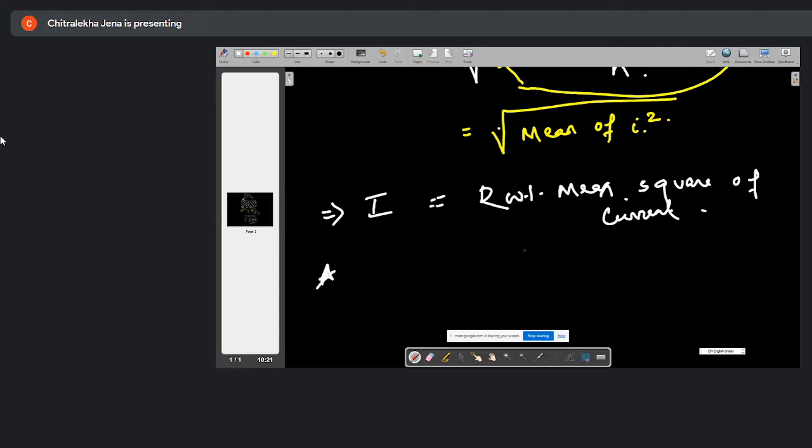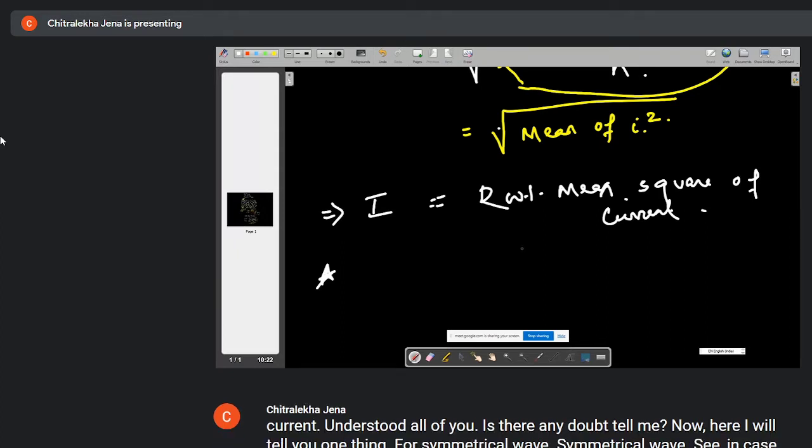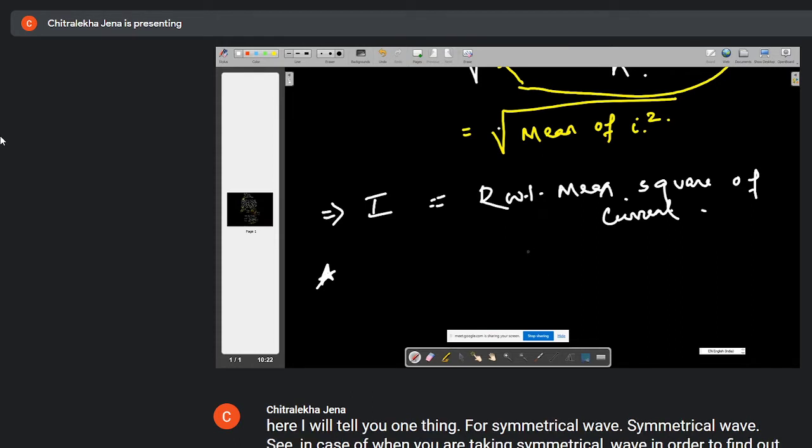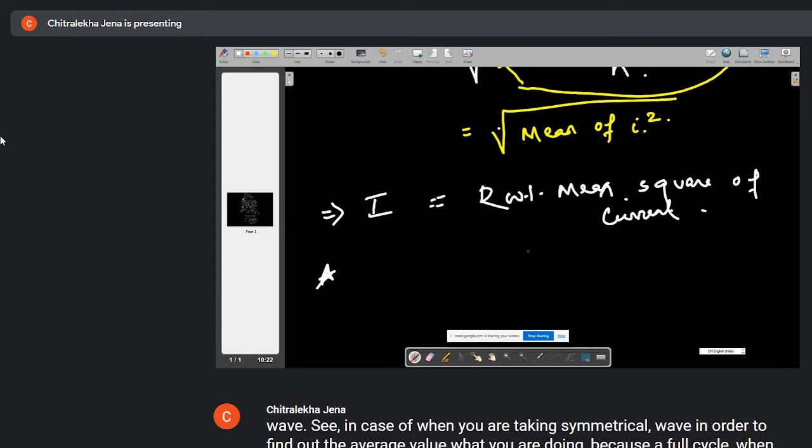Now here I will tell you one thing. For a symmetrical wave, in order to find the average value, because the full cycle average is equal to 0, you find the average value for one alternation or one half cycle.